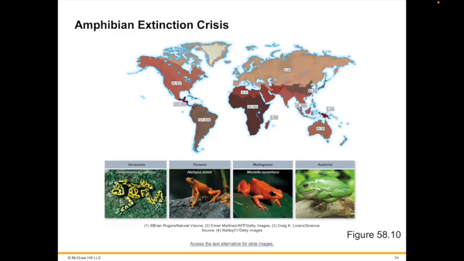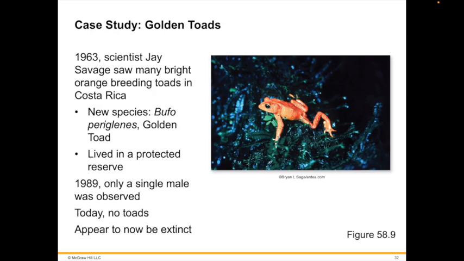Amphibian declines are worrisome for several reasons. First, many of the species, including the golden toad, have declined in pristine, well-protected habitats. If species are becoming extinct in such areas, it brings into question our ability to preserve global biological diversity.